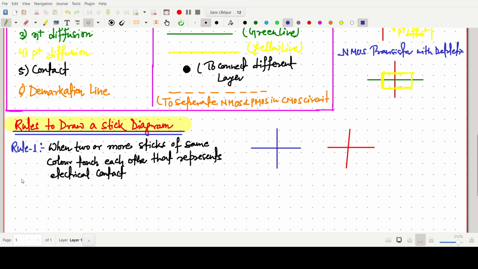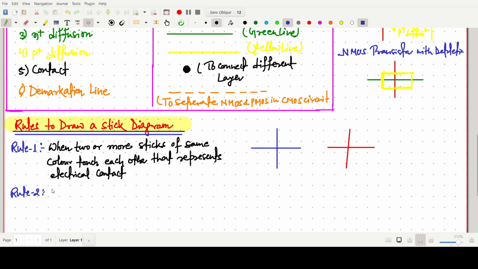Now rule number two. In rule number two, when two or more sticks having different colors intersect each other or touch each other, there is no electrical connection.